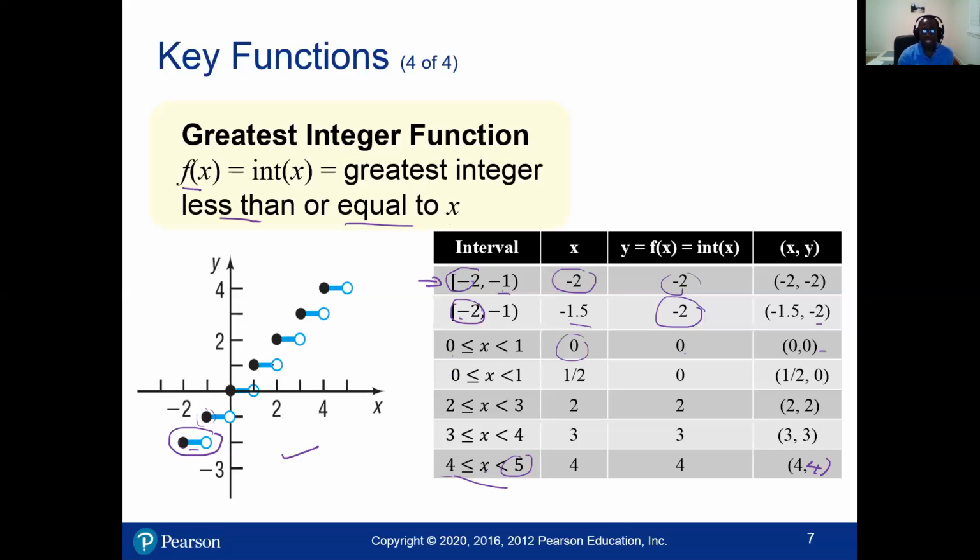So this function, the greatest integer function, is also sometimes called the step function, because it behaves like a step. Now, one application for this is with cell phone companies.